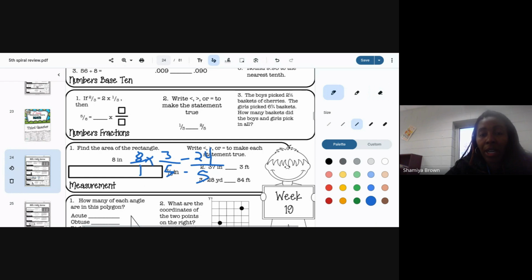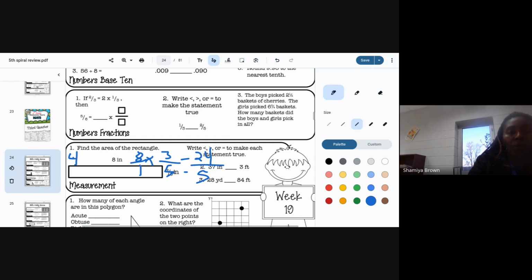So now I can divide 24 by 5 to turn that into a mixed number. So I know I can pull 4 whole groups of 5 out of 24 because I know 5 times 4 is 20. And I knew 5 times 5 was 25, so that would be too much. So I can only get 4 whole groups.